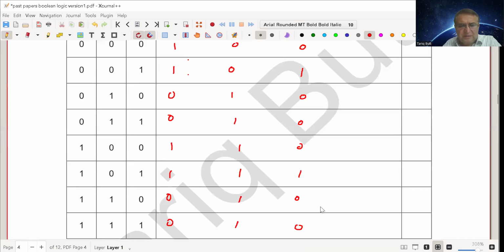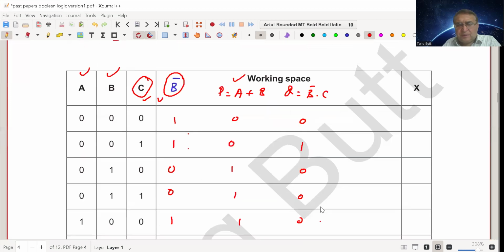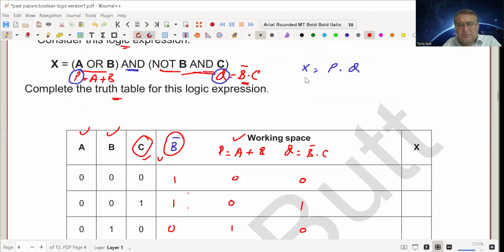Next, what is the final output X? That is P into Q. This is P, this is Q, and you have to just AND to get X, the final output.